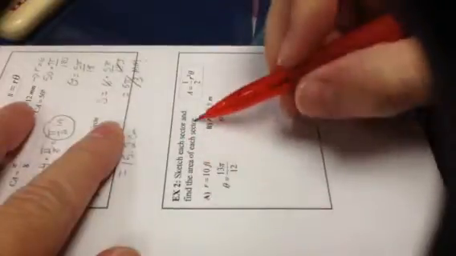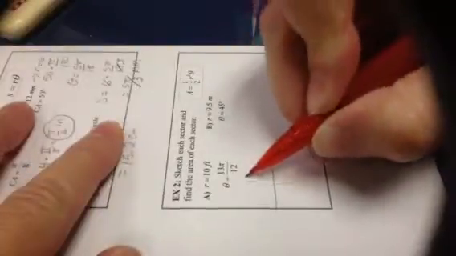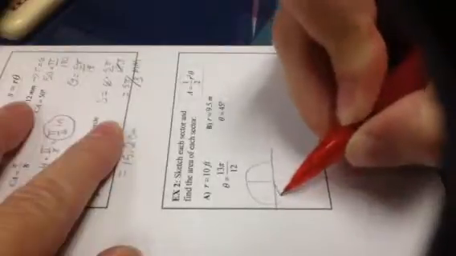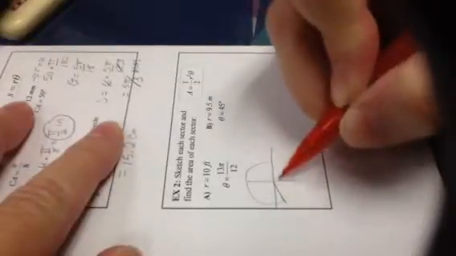Okay. This formula again is only good if theta is in radians. If theta is in degrees, you have to convert it to radians to use the formula. So here I want to sketch each sector and find the area. So 13 pi/12. Halfway around the circle is pi, which would be 12 pi/12, and then 13 pi/12 would be just a little bit more.